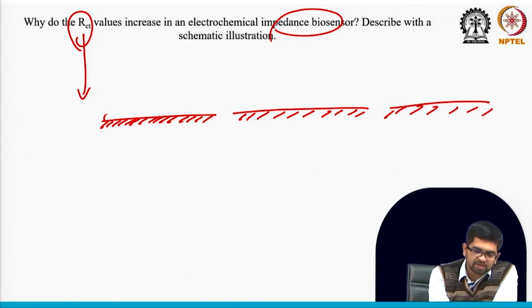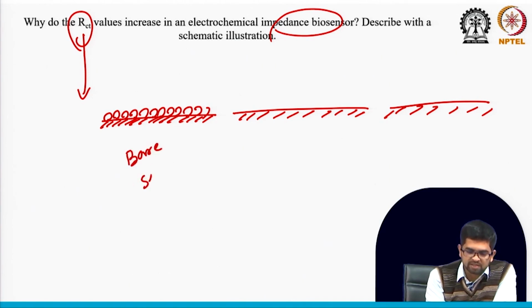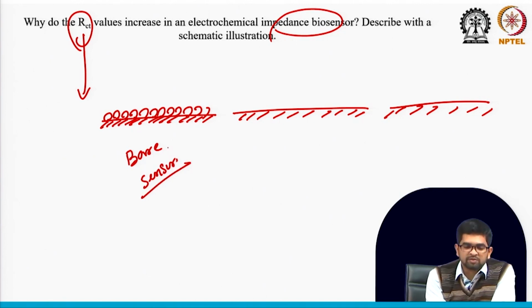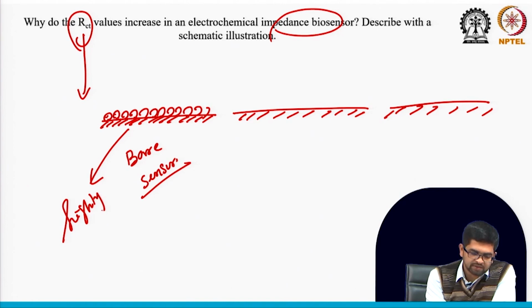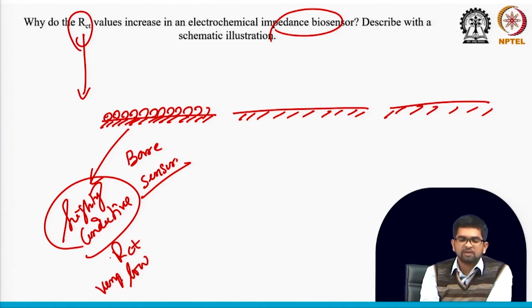First you have maybe one nanomaterial-coated bare surface, your surface is bare. So this is the bare sensor surface, right? There are no protein molecules. As there are nanoparticles there, your surface becomes highly conductive, right? And as your surface is highly conductive, definitely the RCT value will be very low.